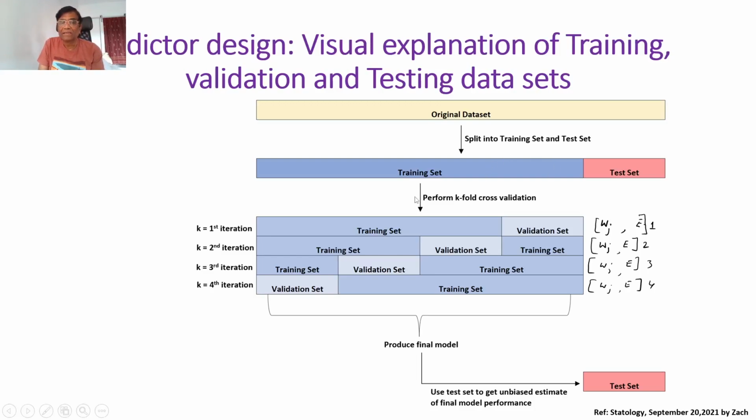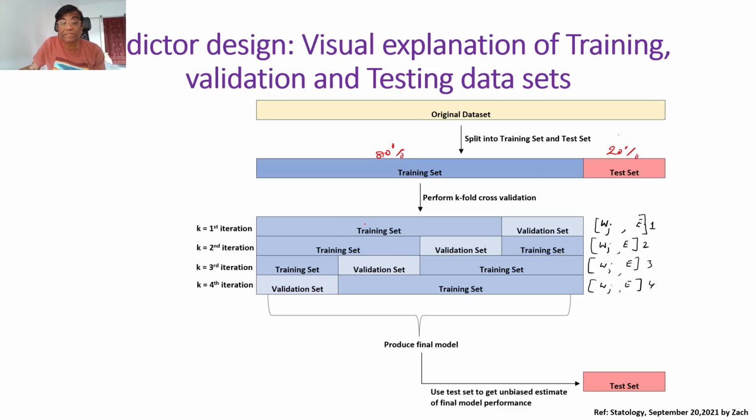So k-fold cross validation is a technique which you are now learning. So what it does, within training set, suppose I have 80% data in my training set and 20% I have kept for testing.